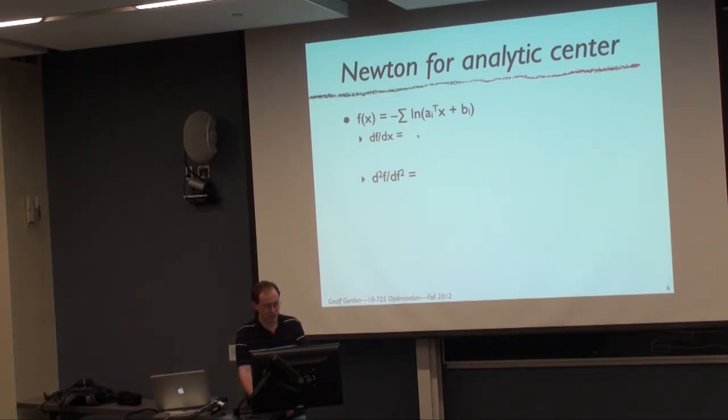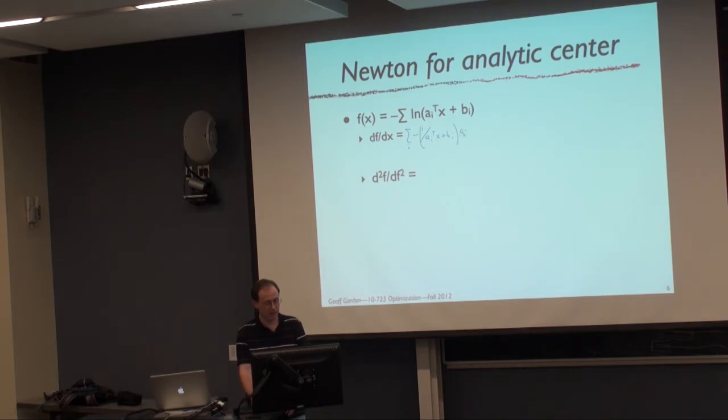If we take its first derivative, we get derivative of log is 1 over. So we get minus 1 over a_i transpose x plus b_i, right? And then by the chain rule, we multiply the whole thing by the gradient with respect to x, which is a_i, right? And then we're going to sum that over all i, right?